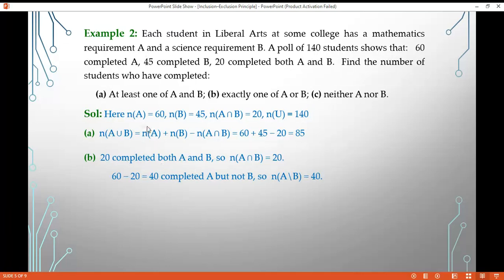In A we have 60, so 60 minus we subtract those in both A and B. So we get exactly in A how many students we have, right? So 60 minus 20, that is 40 have completed A but not B, right? You can also represent it symbolically as the number of A slash B, that is 40.